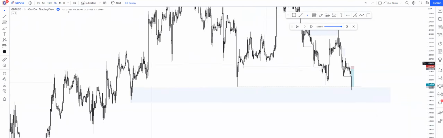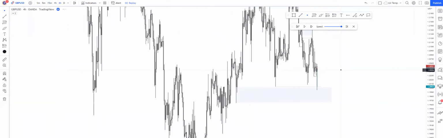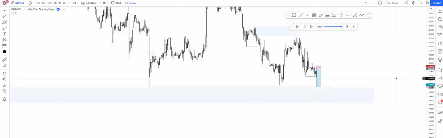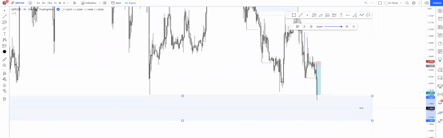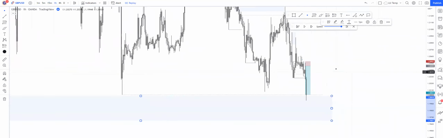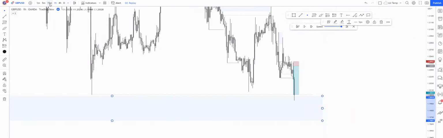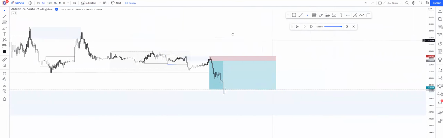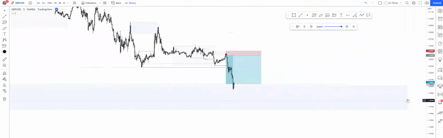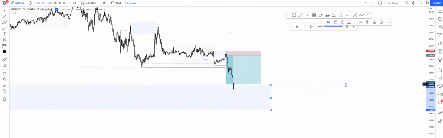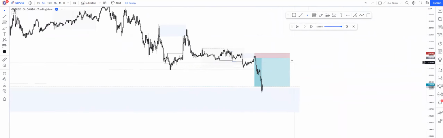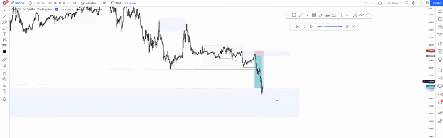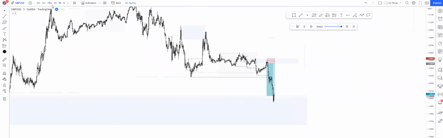All right, so now we are in the 4-hour period that I mentioned. Here it already shows a reaction. That's the only thing I don't like about the replay tool on TradingView, is that it shows you. But of course we expect a reaction. I mentioned that before it happened, so that's valid. So now we look for a long in here because I am anticipating some type of reaction.